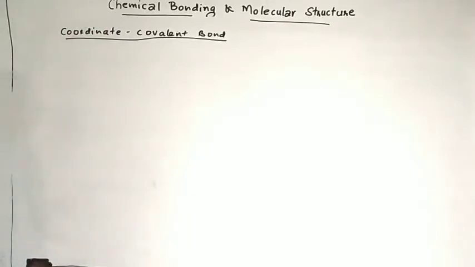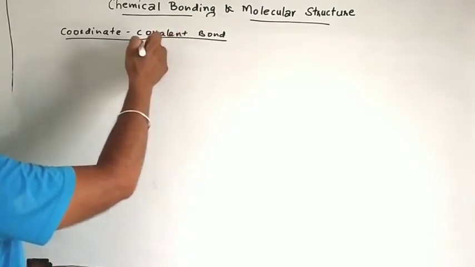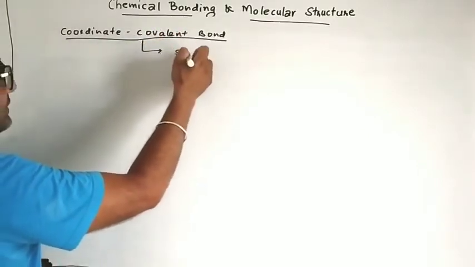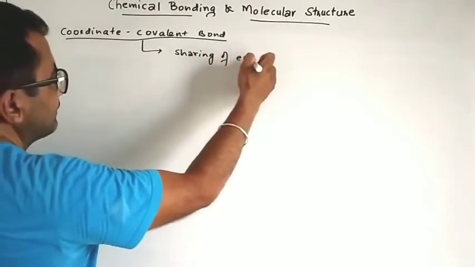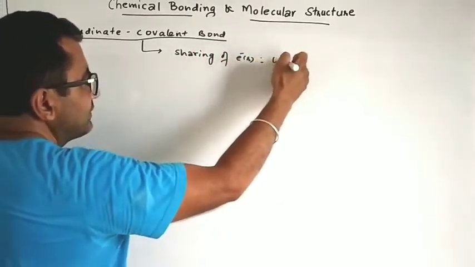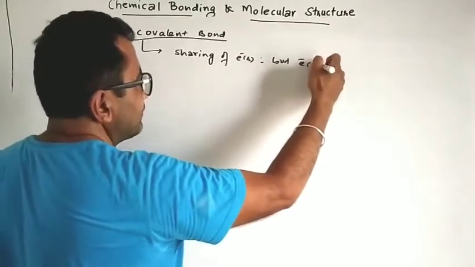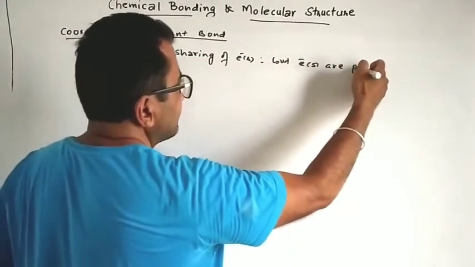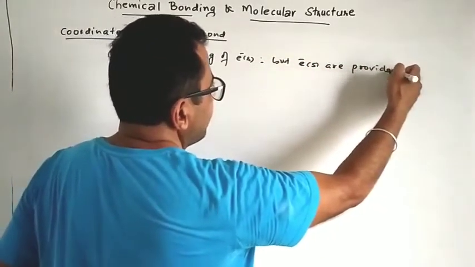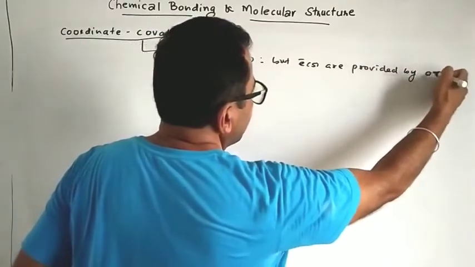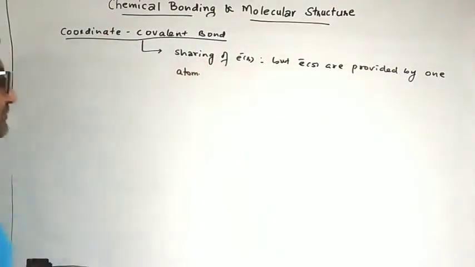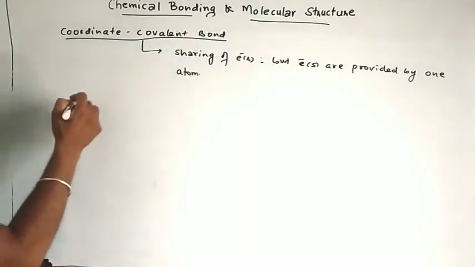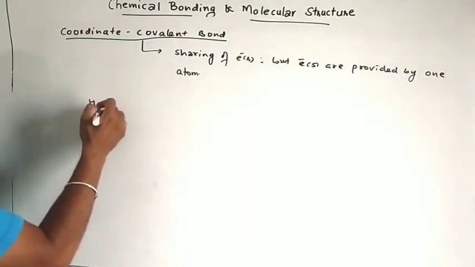Covalent is by sharing and ionic is by transfer. Now a covalent bond is by mutual sharing, and there is a sharing of electrons, but the electrons are provided by one atom. Like, suppose we have water.